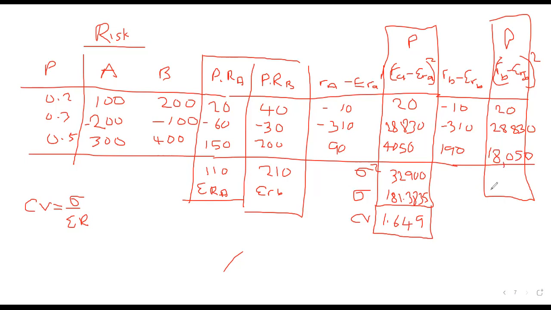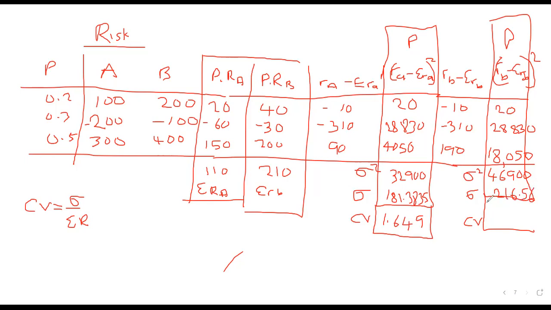When we add all these, what are you getting? 46,900. Square root it to get the standard deviation: 216.56.